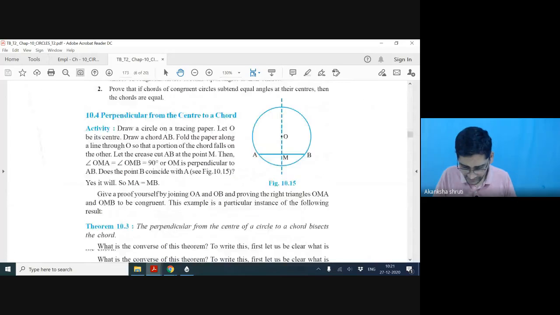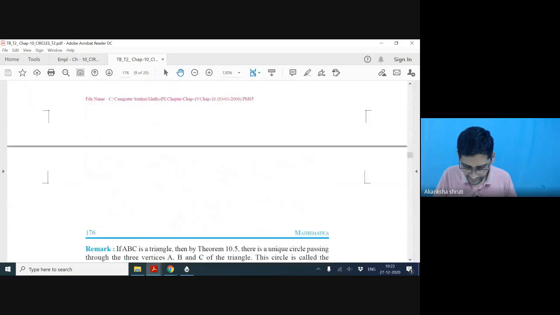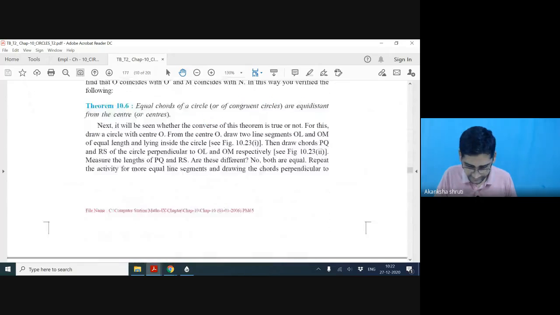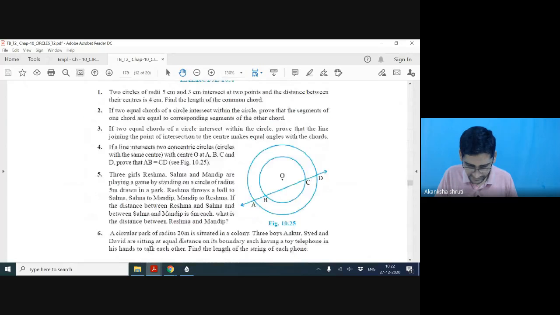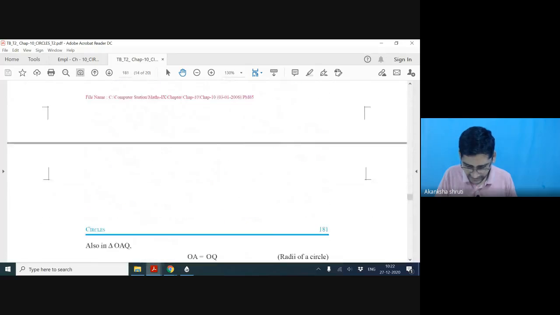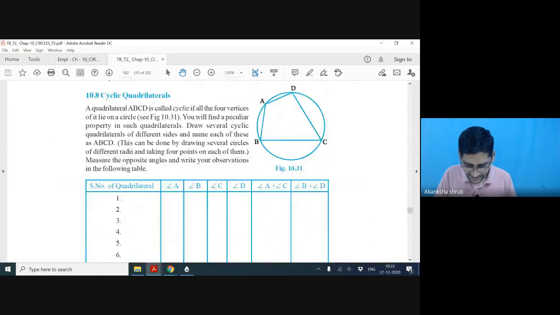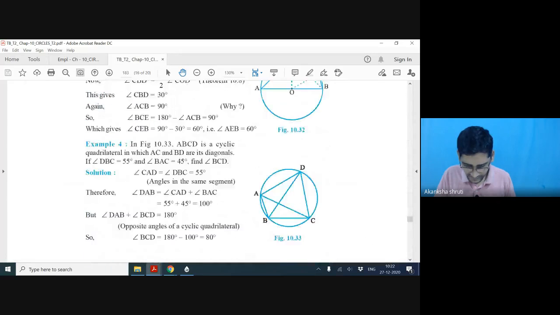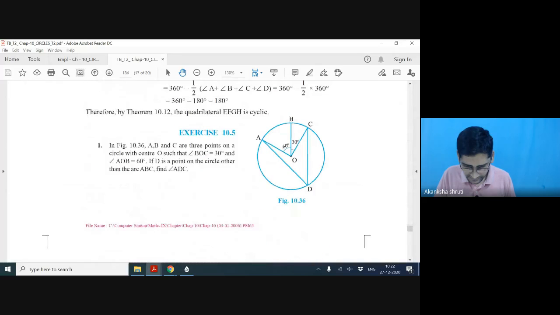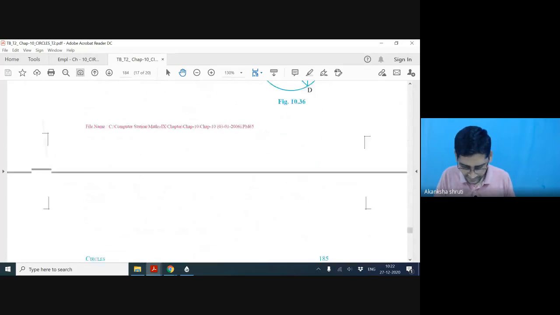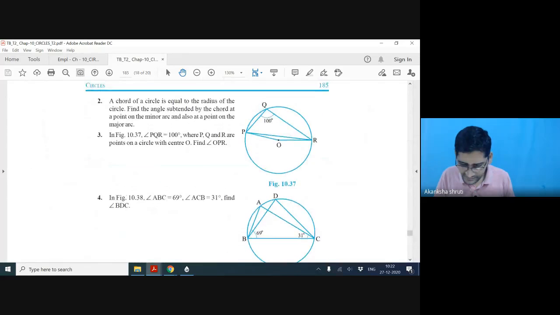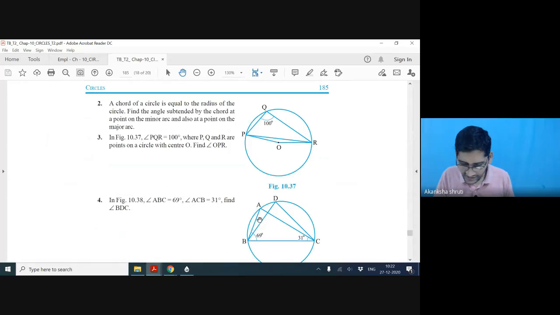The last one I had explained. Students, you can get this. So you have to solve this exercise. I will solve this question also, but please try to solve it.